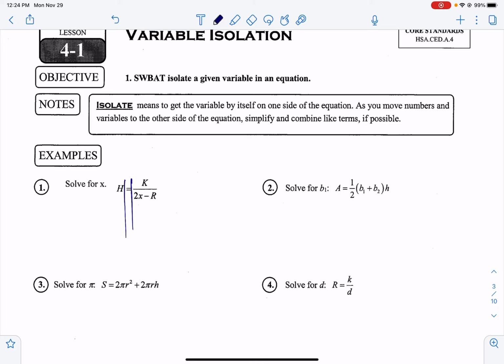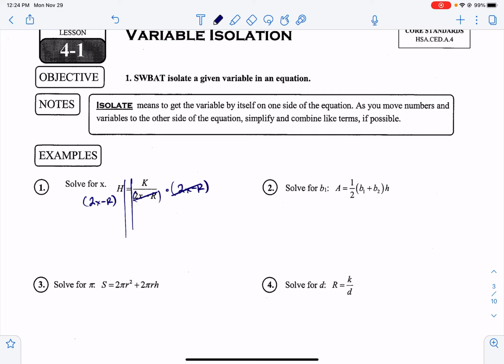And I do that by the opposite of taking k and dividing by that entire bottom, which is to multiply by that entire bottom piece. So I'm going to multiply the right by 2x minus r, which is going to cancel it out. So that means I also have to multiply the left-hand side by 2x minus r.